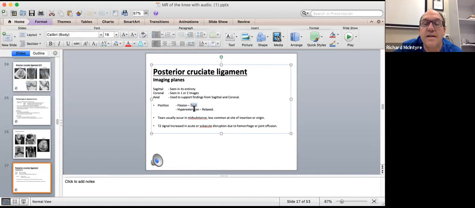Hyperextension is relaxed. When we're hyperextending the knee, it's relaxed. Usually tears occur in the mid-substance, less common at the site of insertion or origin, so in the middle of the ligament, and T2 signal is increased in acute or subacute disruption due to hemorrhage or joint effusion. Exactly what we've just seen in the ACL.